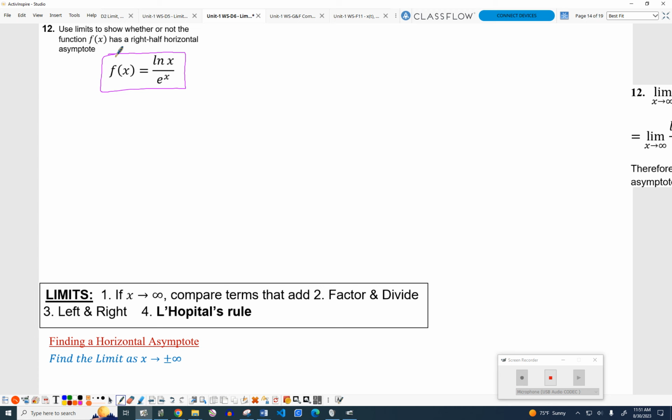When they say find the right half horizontal asymptote, you can think of it as simply doing this. You're going to plug in that x, followed by that x, forever. And you're trying to see if there is a trend.